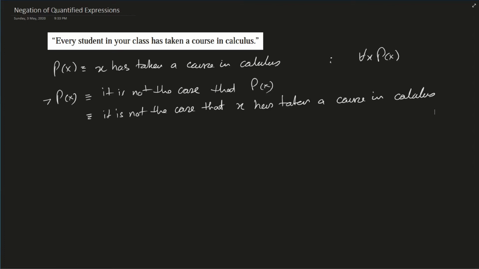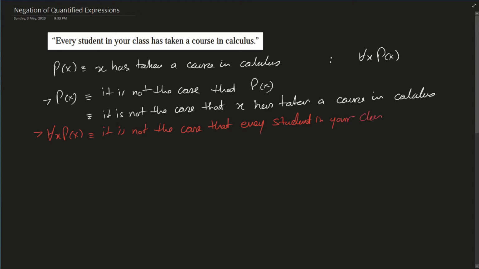Now the same thing with quantification. When we want to say not for every x, P of x, what we're trying to say eventually is that it is not the case that every student in your class has taken a course in calculus.